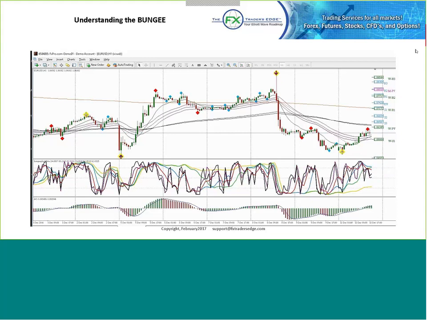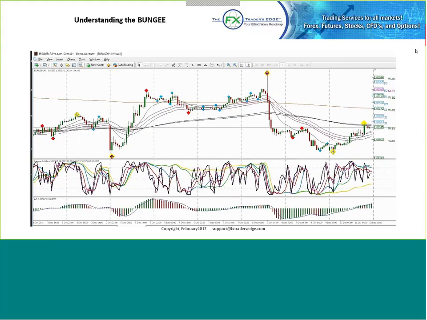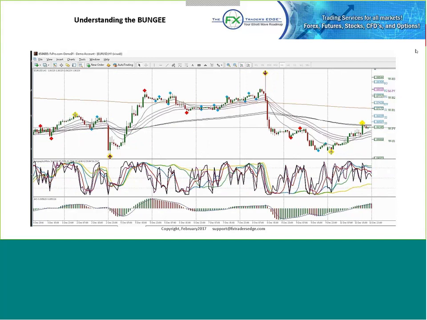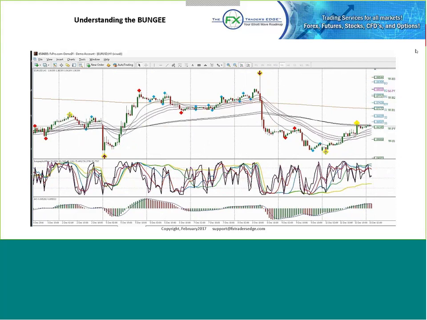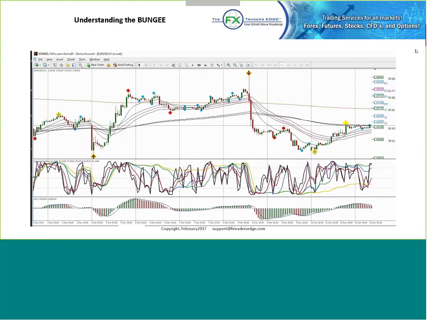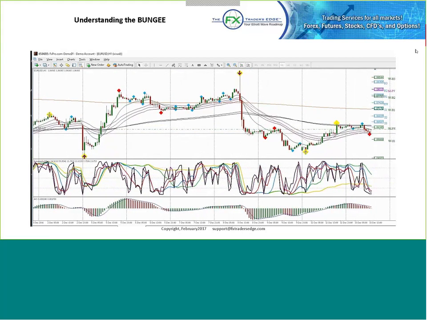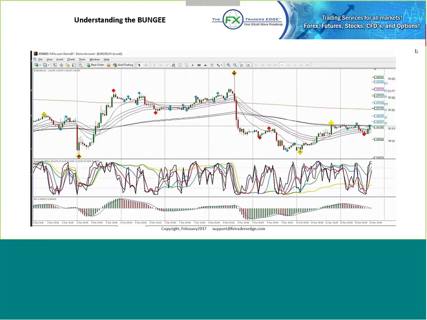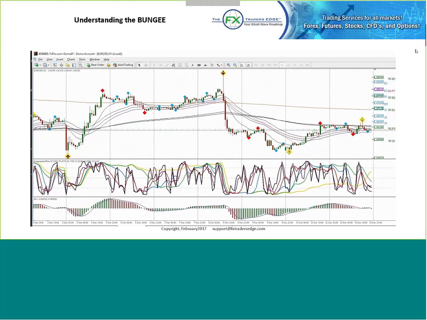Yeah, we did this section of chart here. Did we look at this one? No, we didn't. Here's another one for you. Here is a move down.